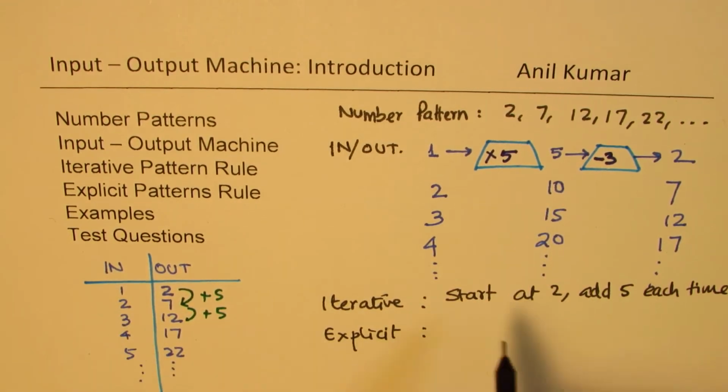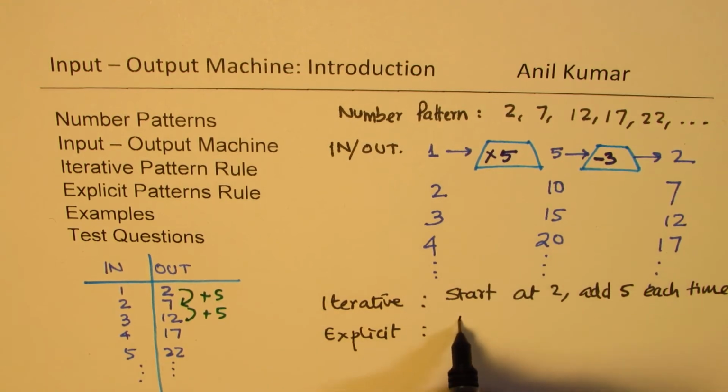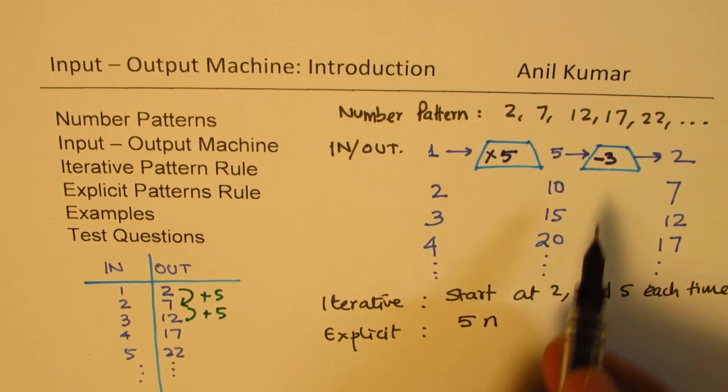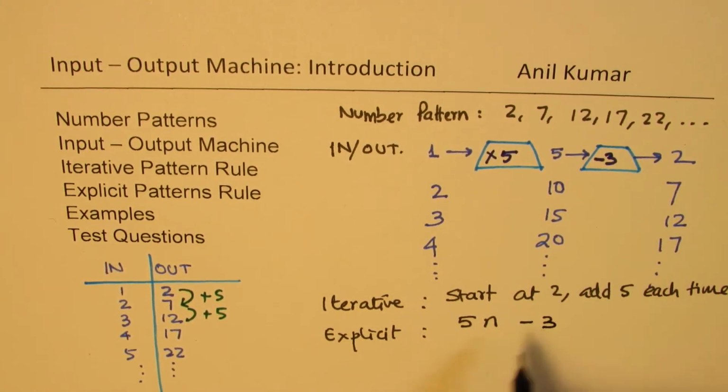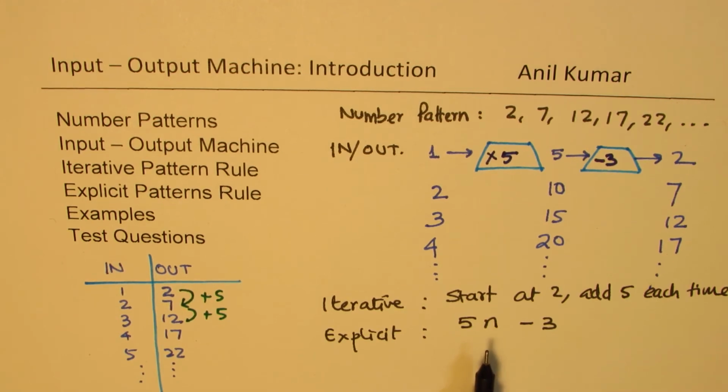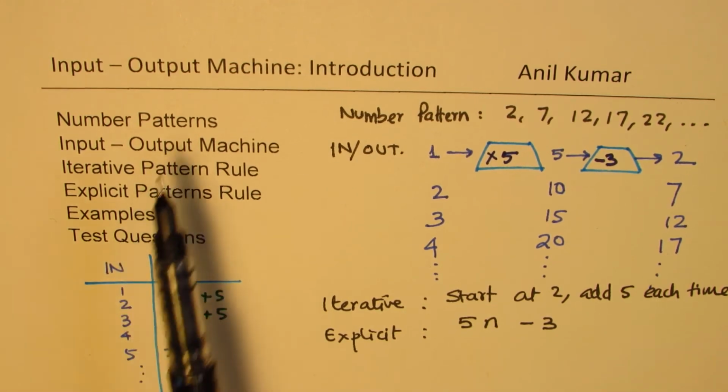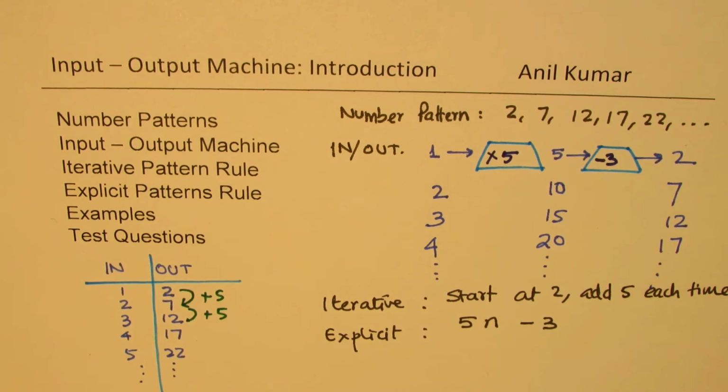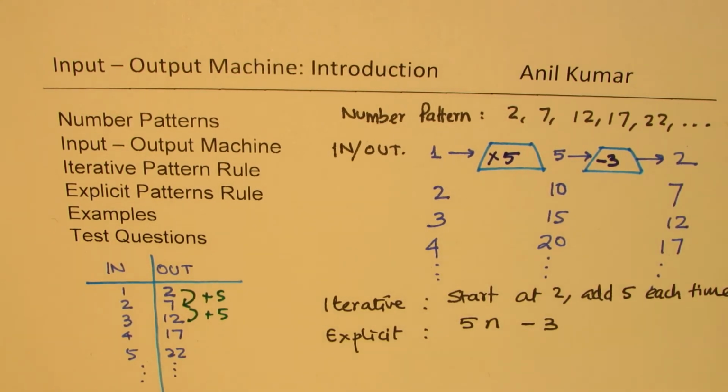For every input, you are multiplying first by 5, so we write 5 times n and then take away 3. So explicit pattern rules work with input-output. You get to understand this, right? So that is how you can actually connect all these. So I hope the examples are absolutely clear, right?